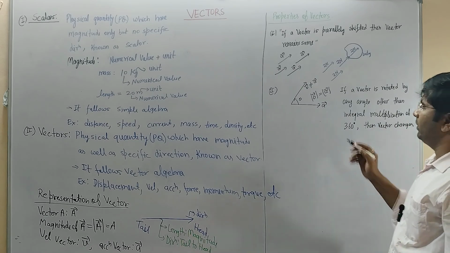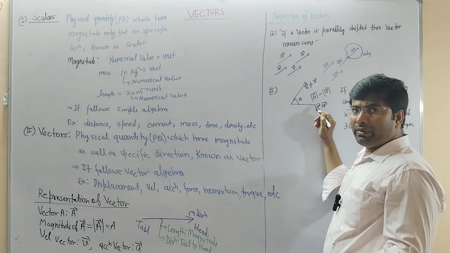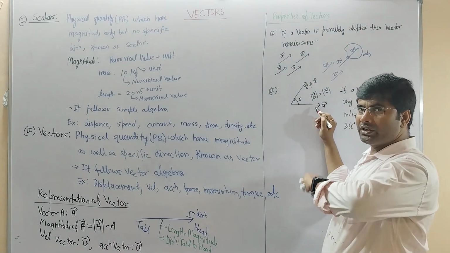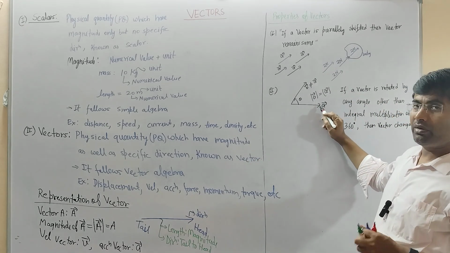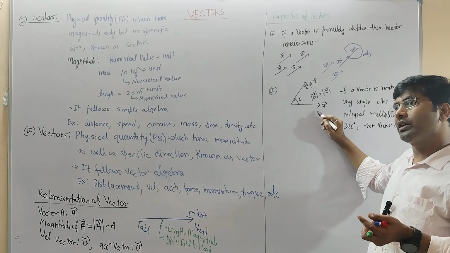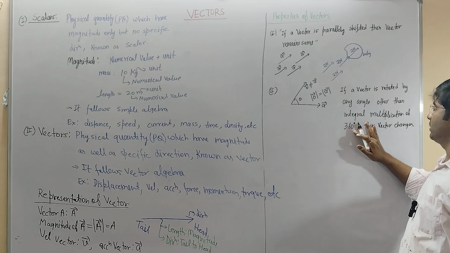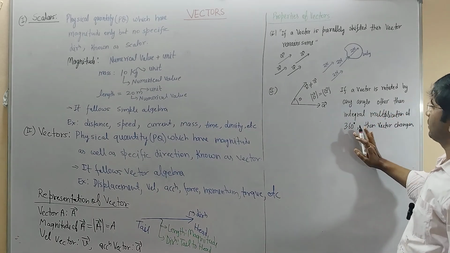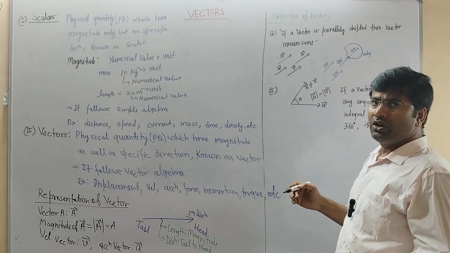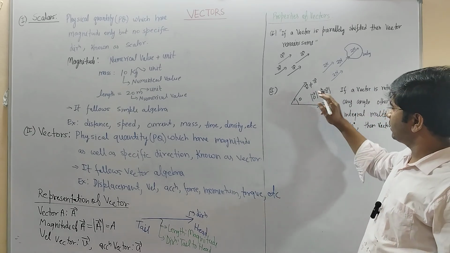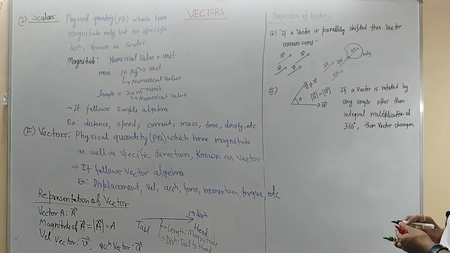That means if we rotate it by 360, this will coincide with vector A. So magnitude of A and B are both the same, and it will be in the same direction. So vector B and vector A will be in the same direction and same magnitude, so the vector will be the same. But other than an integral multiplication of 360, that means you rotate it by any angle other than 360, the direction will be different. Although the magnitude is the same, the direction will be different. So the vector will change. Okay, so the vector changes.